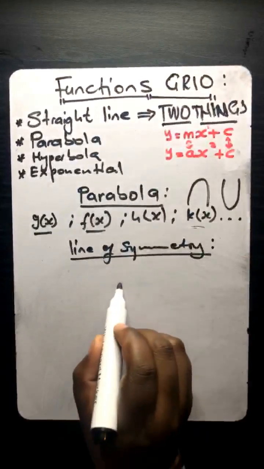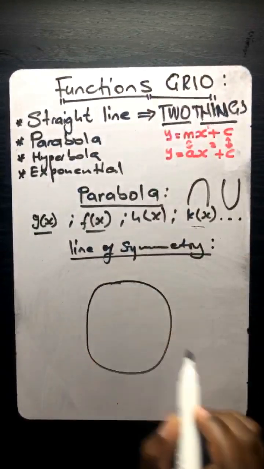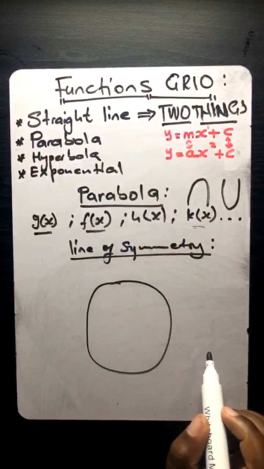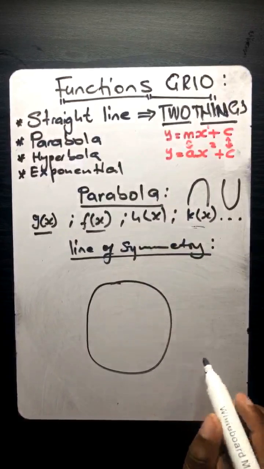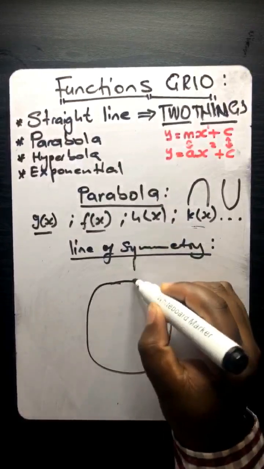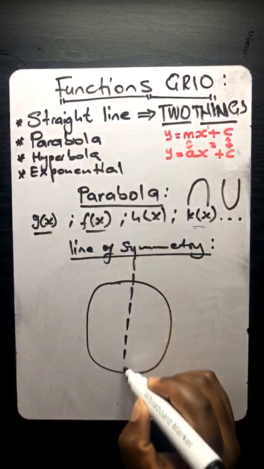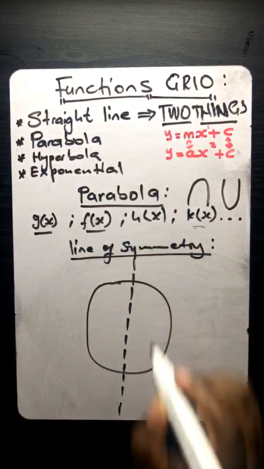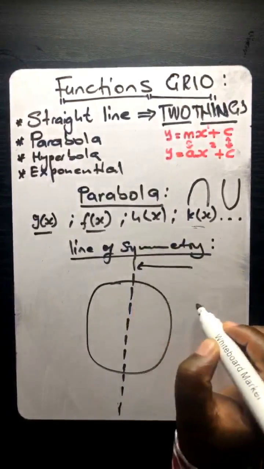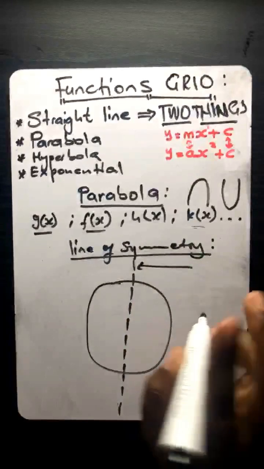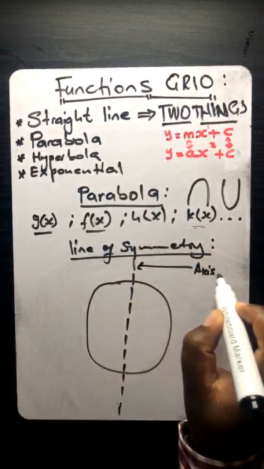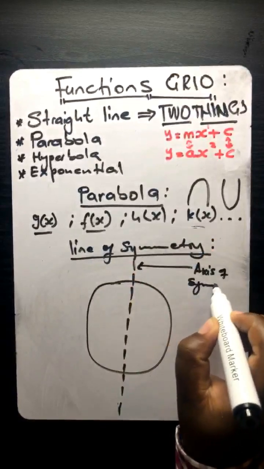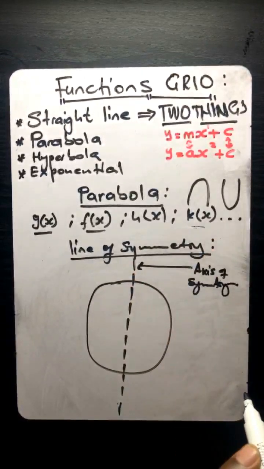If you've got a slice of bread, how can you cut it into two equal halves so that yourself and your sibling will never fight? You cut it vertically, right in the middle. This line that cuts the slice of bread into two equal halves is what we call an axis of symmetry or a line of symmetry.